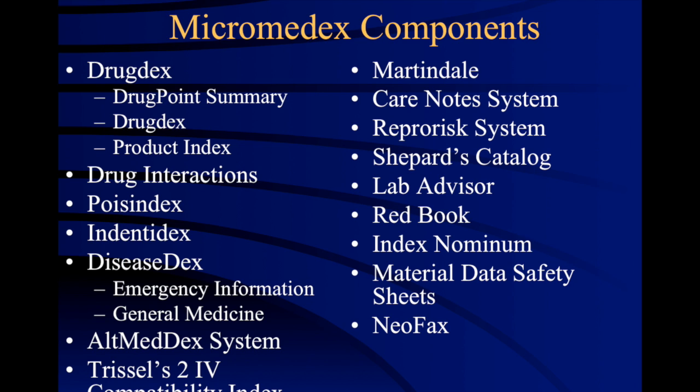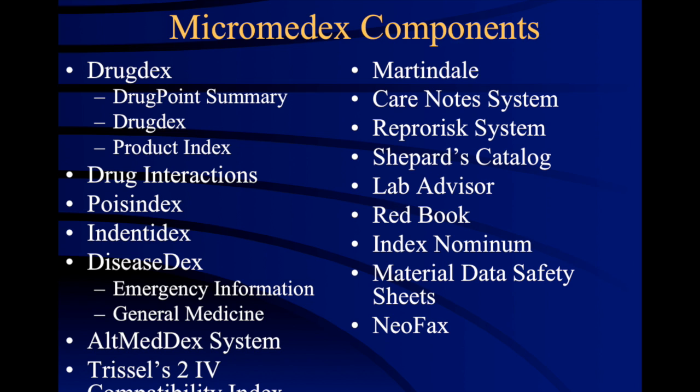Now, Micromedex has a lot of components in it. It has DRUGDEX, which contains the drug point summary and the detailed drug information. Also a product index. You have drug interactions, POISINDEX, IDENTIDEX, DISEASEDEX, the AltMedDex system. You have Trissel's too. You also have access to Martindale's, the Extra Pharmacopoeia from Britain.